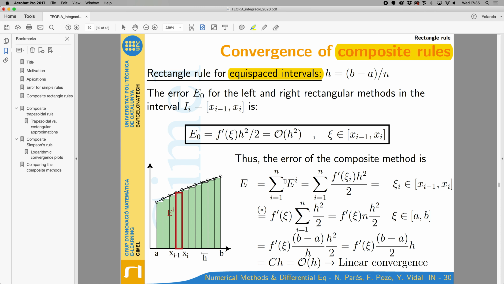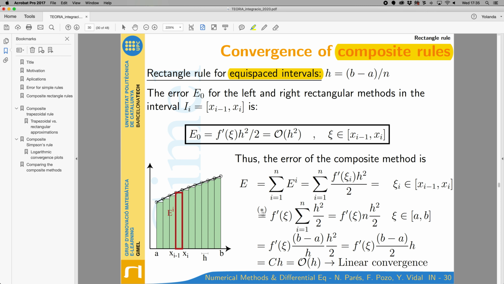Now, I will substitute this by this expression, because this is the error committed by the simple rectangle rule at each interval. So it looks like this, but now I need to use this subscript to note that they are different psi values in different intervals.